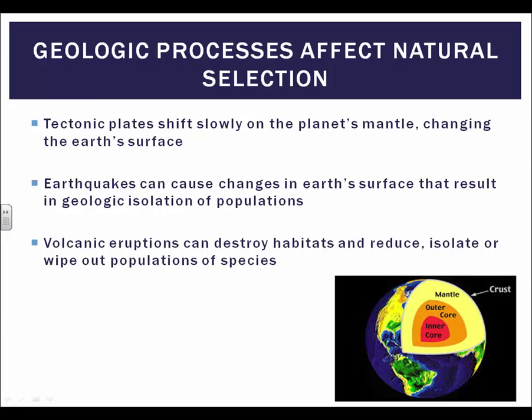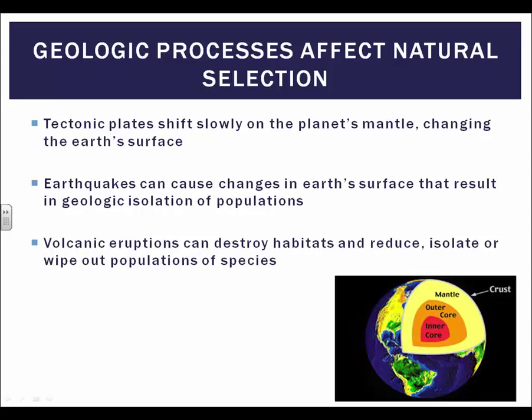Geological processes affect natural selection as well. Tectonic plates shift slowly on the planet's mantle, changing the Earth's surface. Real quick, just a reminder: you've probably talked about the different layers of the Earth, or you've seen Magic School Bus and remember those layers.